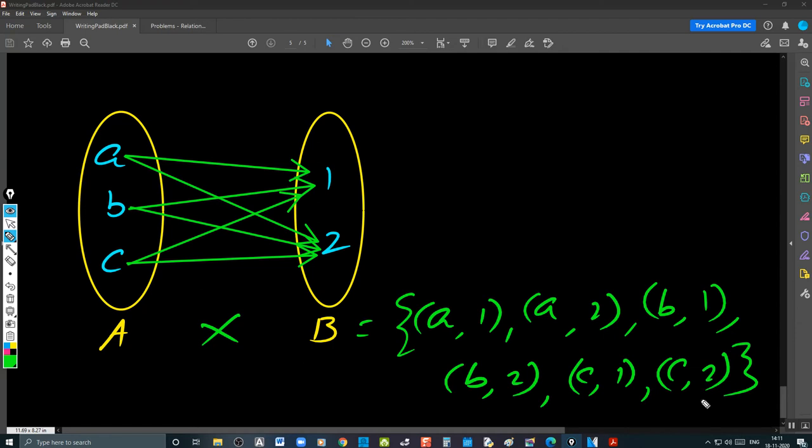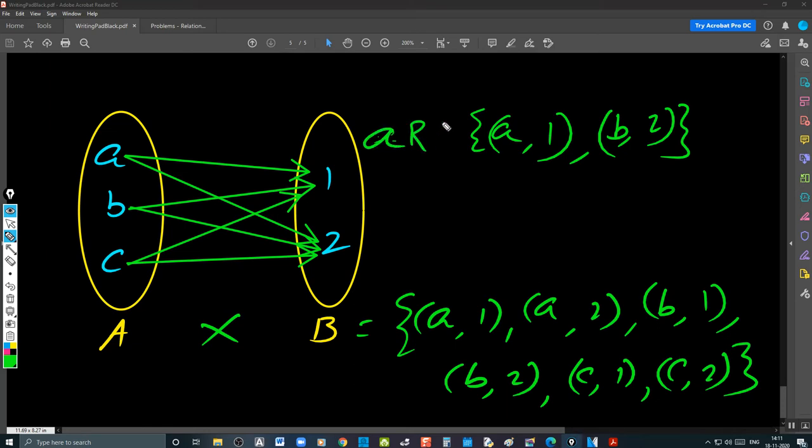If you take any part of it, that is a subset, and that is said to be a relation. If you take something like A1, B2, this is a subset of A cross B, and this is denoted by A R B. R stands for relation.